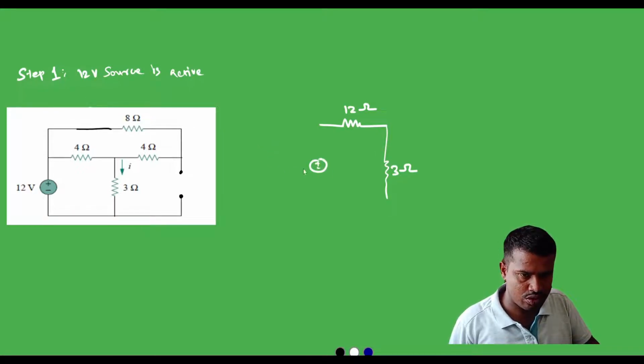This is the 12 volt source, and this is connected here, and this terminal is further connected with this, and a 4 ohm resistor is connected with the 12 ohm resistor.